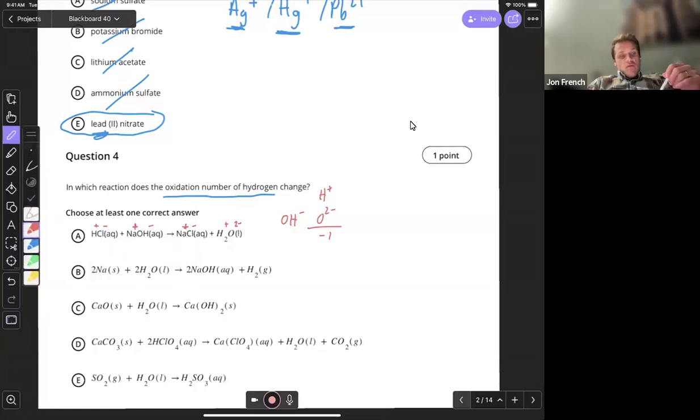We could do the same thing for the rest of these reactions, but one of the hints I gave you to find a redox reaction is to look for a pure elemental solid that becomes aqueous. That's a clear sign that there's a redox reaction taking place. This pure elemental solid, sodium, is 0. In sodium hydroxide, sodium is +1 because the hydroxide is -1.